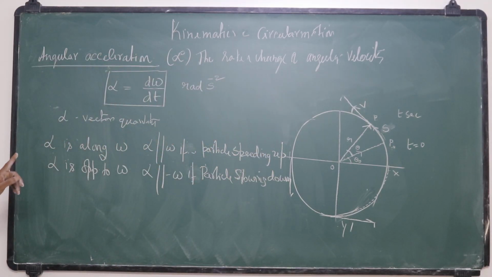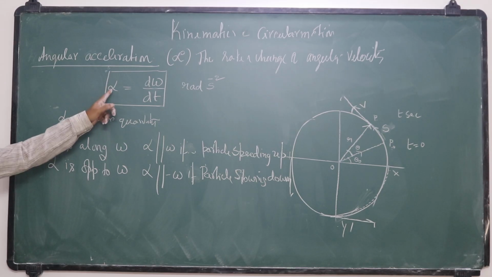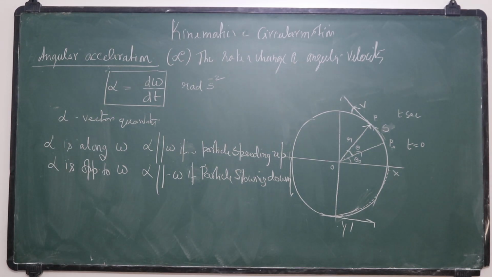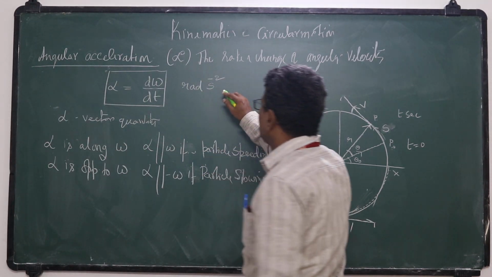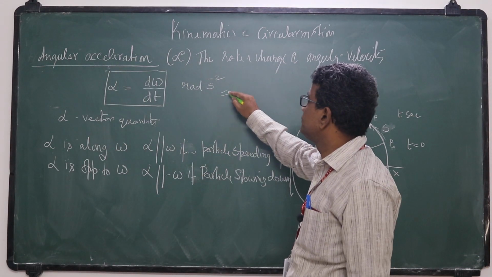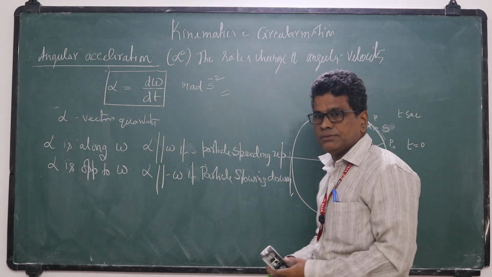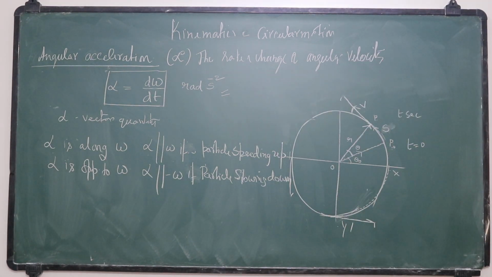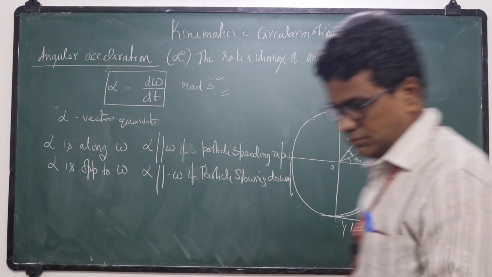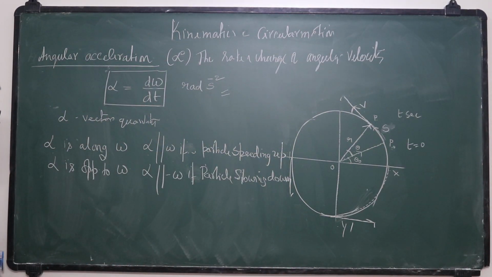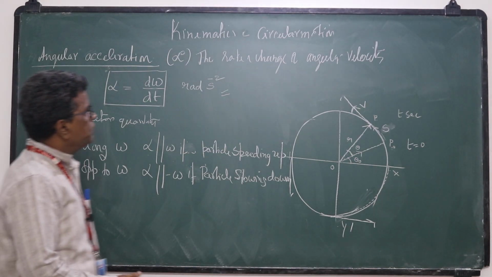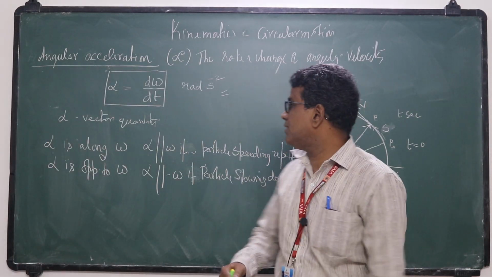Okay, so this is the direction and this is the formula for alpha. As we defined, alpha is equal to the rate of change of angular velocity.